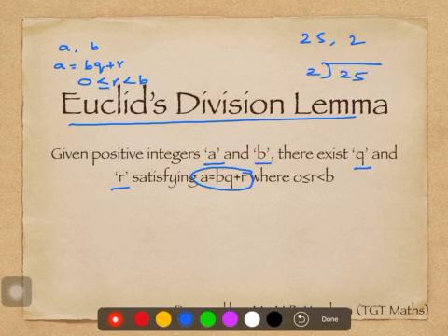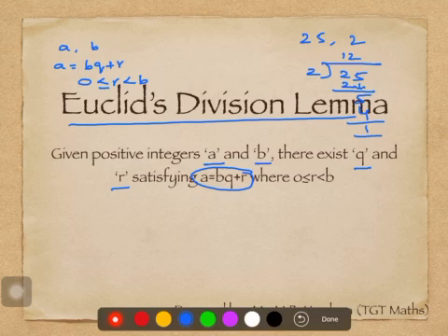Now divide 25 by 2. 2 ones are 2, and 5 will be carried. Now 2 twos are 4, and 1 is the remainder.